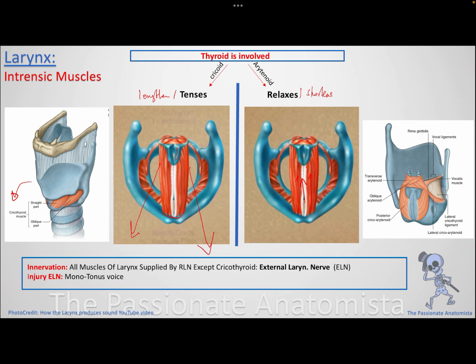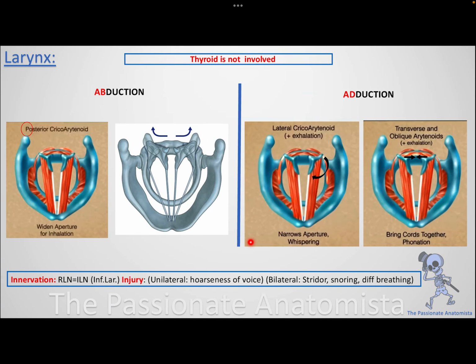All right? Here, when we talk about abduction and adduction, the arytenoids can help in adduction. Okay, they can help in adduction, but the only muscle that can cause abduction is the posterior cricoarytenoid, because the thyroid is not involved in abduction and adduction.